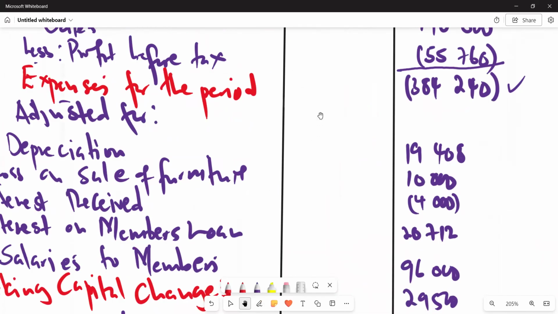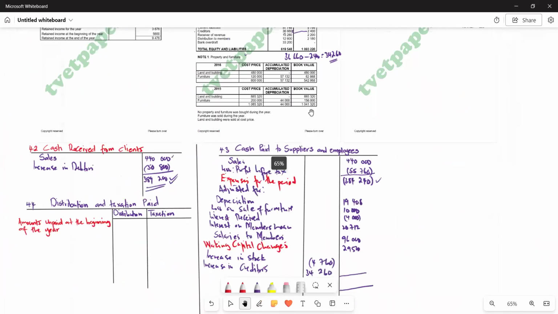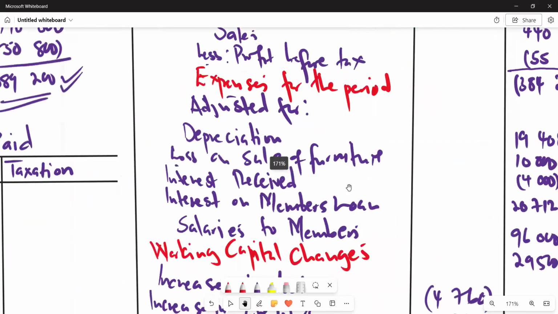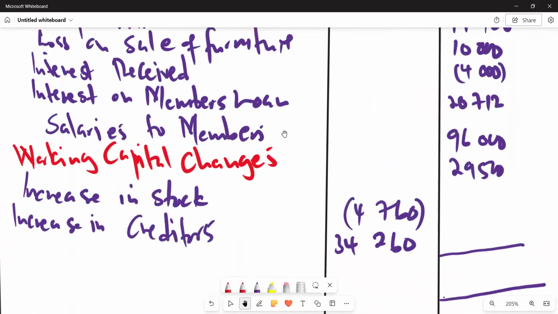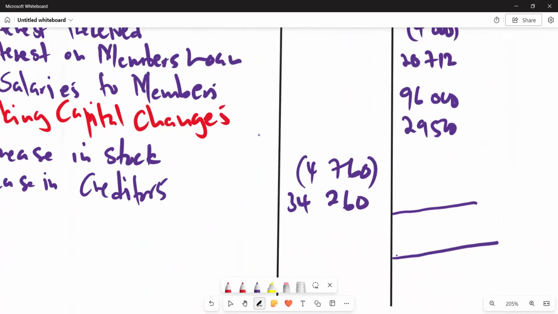And then after 96,000, we are also going to add our 29,500 and see what we get there. The final answer that we are supposed to get there is going to be positive. Let's try to see.